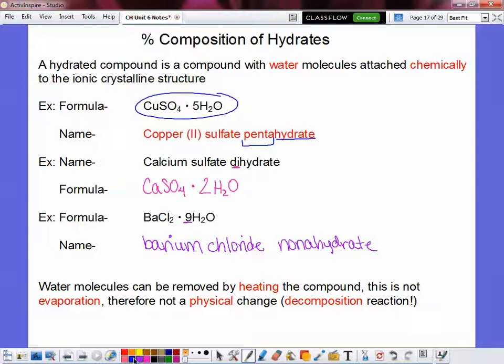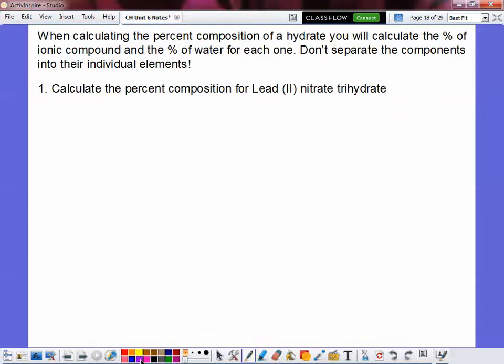Now, before we can talk about the calculations that you're going to be doing in your lab, let's first talk about how we find percent composition of a hydrate. Just keep in mind, when you're calculating the percent composition of a hydrated compound, you are going to calculate the percent of the ionic compound and the percent of water.